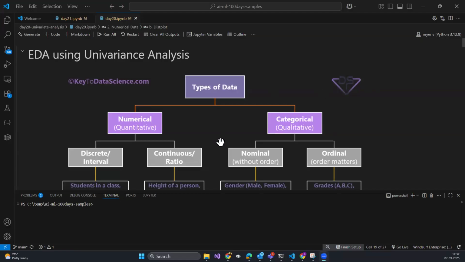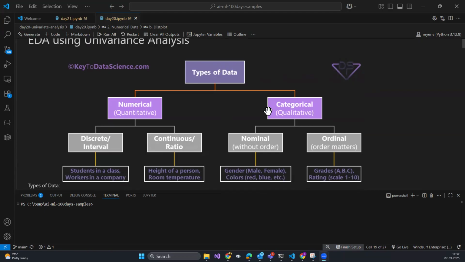Hello, everyone. So, in this session, we are going to understand EDA, exploratory data analysis, using univariate analysis, right? First of all, we'll try to understand how many data types we have in the data analysis field.